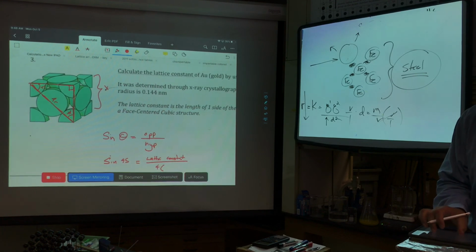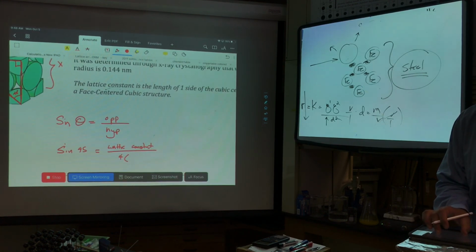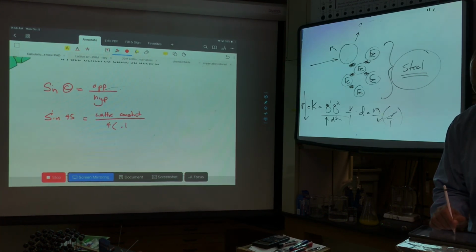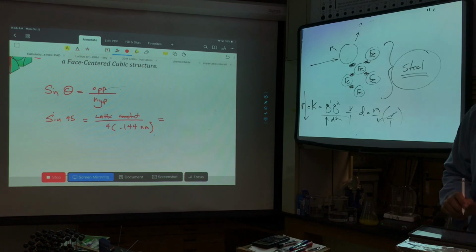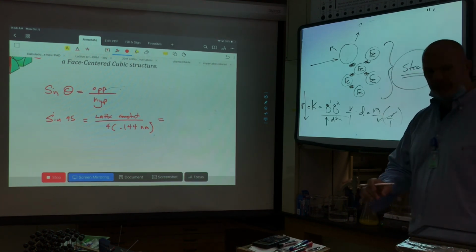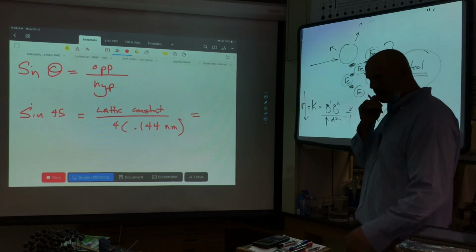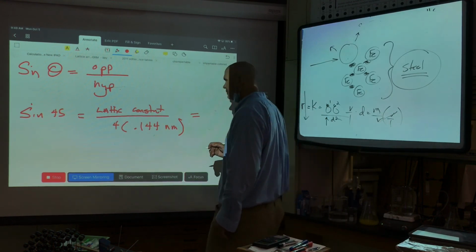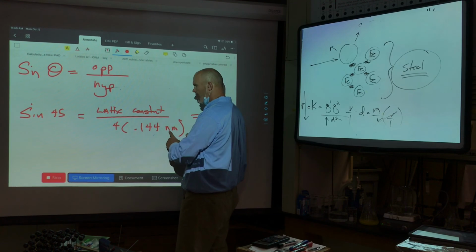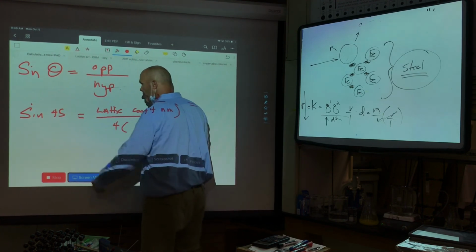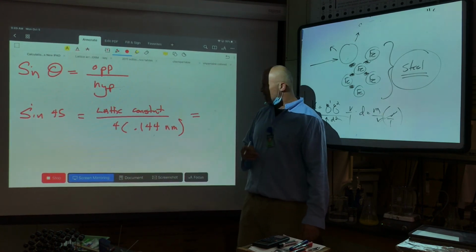What's the r? 0.144 nanometers. And there you go, solve for lattice constant. Make sure that your calculator is in degrees, because now you're dealing with the unit circle. So 4 times 0.144 nanometers. You're not multiplying by itself, just times 4, so you can keep it there. Times the sine of 45, and you've got your lattice constant in nanometers.